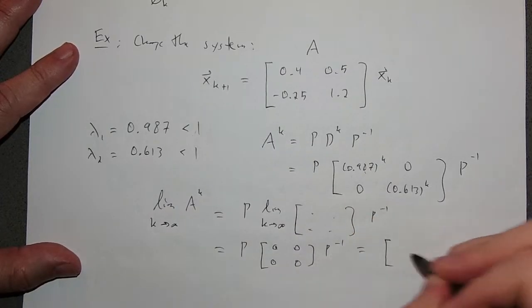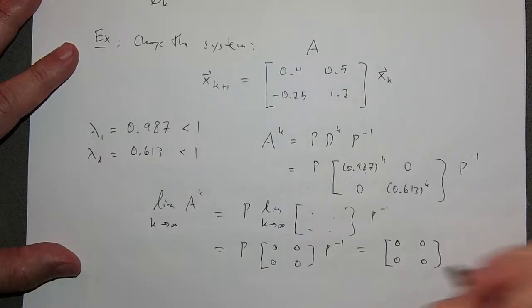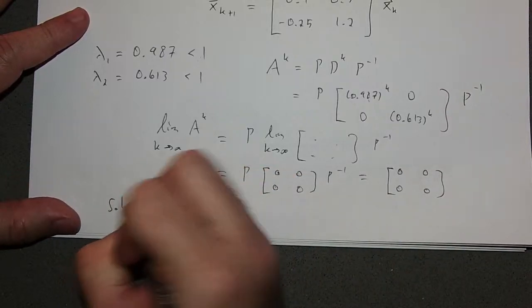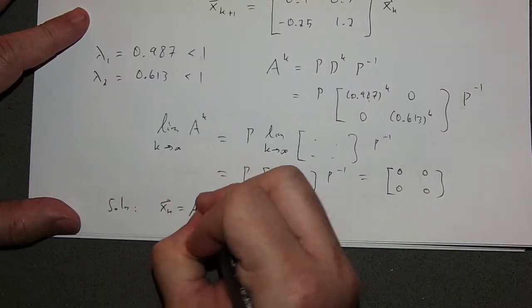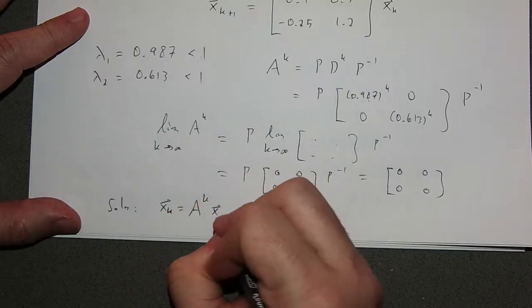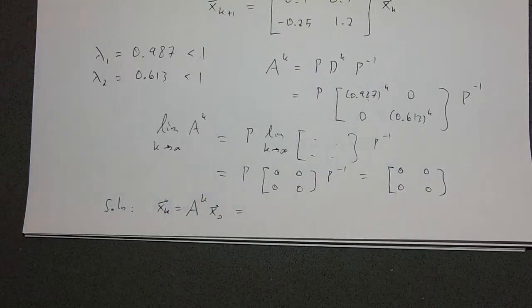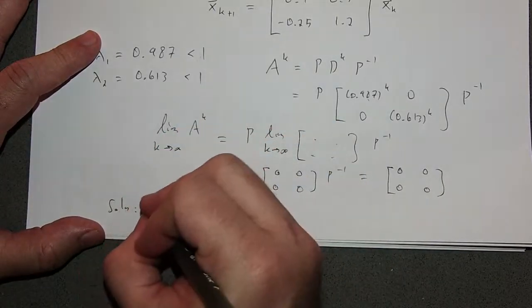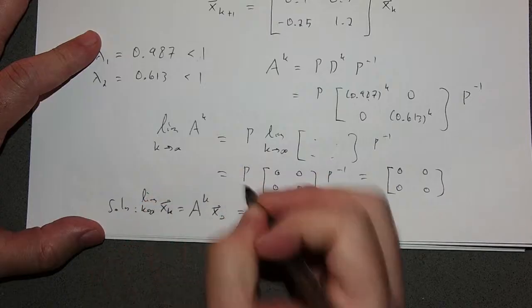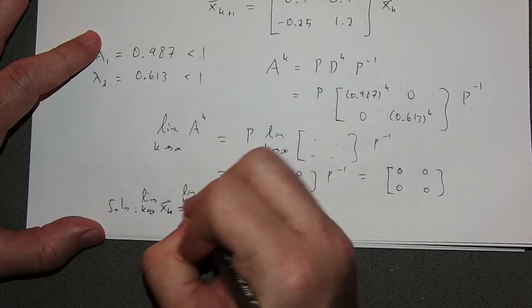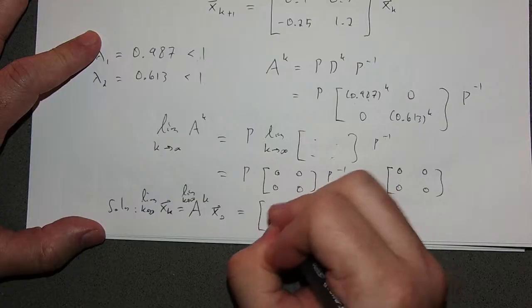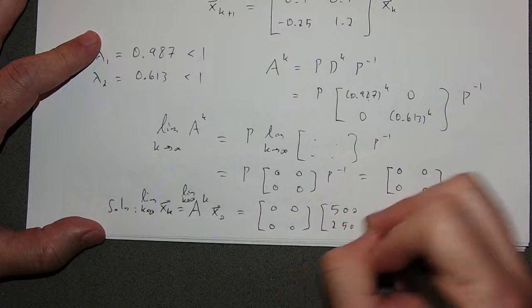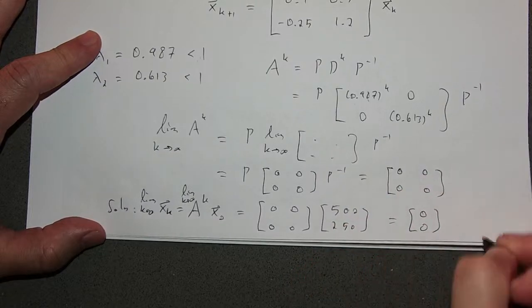So this limit is the 0 matrix, which means my solution, which is A to the k times x0, in the limit is the 0 matrix times my initial vector.